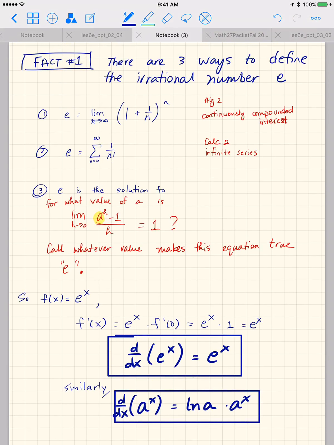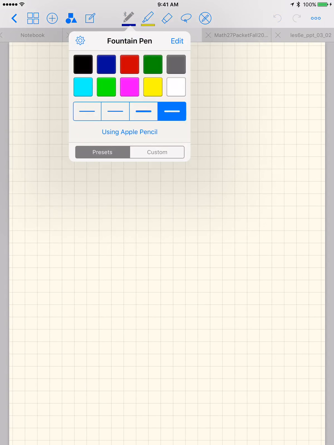Okay. So those are the rules that we want to remember.